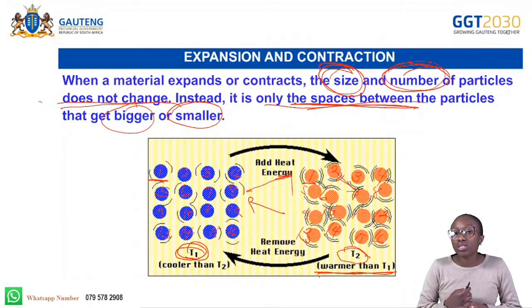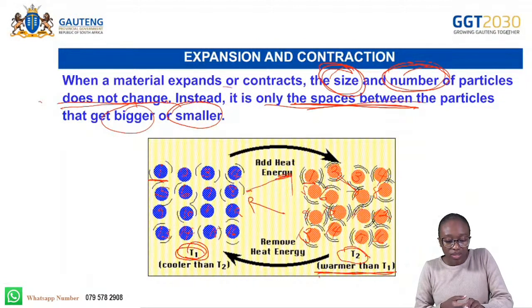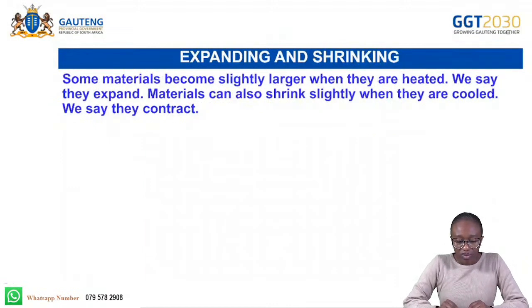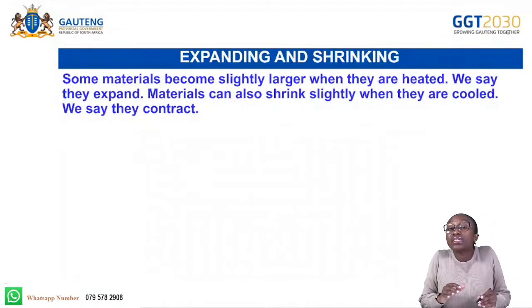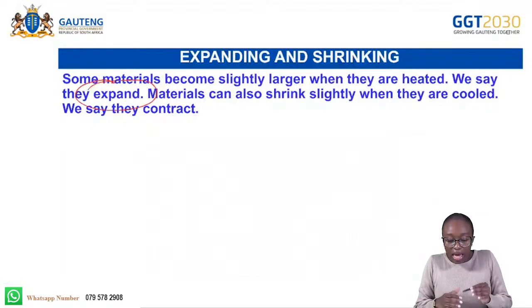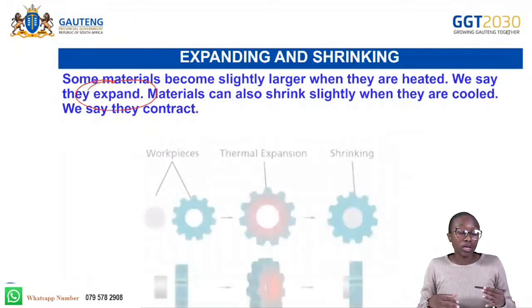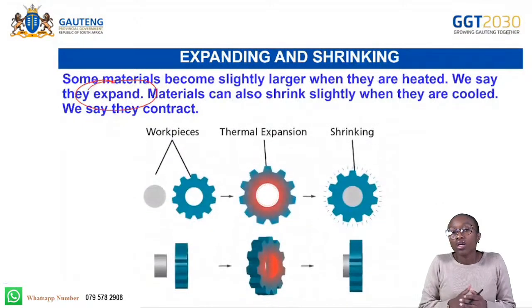The size and number of the particles does not change when a material expands or contracts. Now, some materials become slightly larger when they are heated. We say they expand. Materials also shrink slightly when they are cooled. We say they contract.